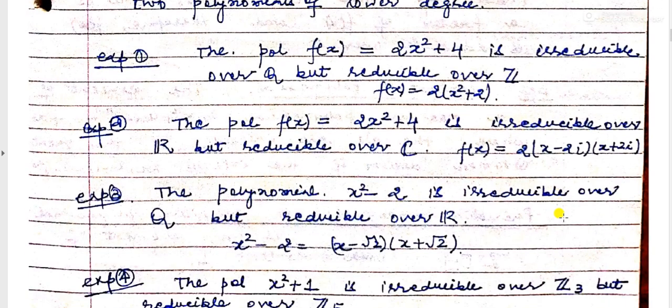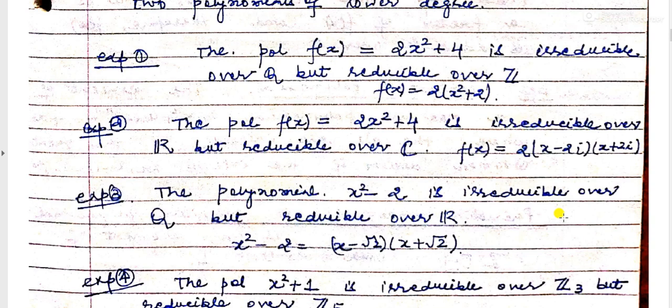Again, the polynomial x^2 - 2 can be factored like this: (x - √2)(x + √2). So it's reducible over R, but it is irreducible over Q. Over Q it can be written like this: x^2 - 2 = 1 · (x^2 - 2) or -1 · (-x^2 + 2).